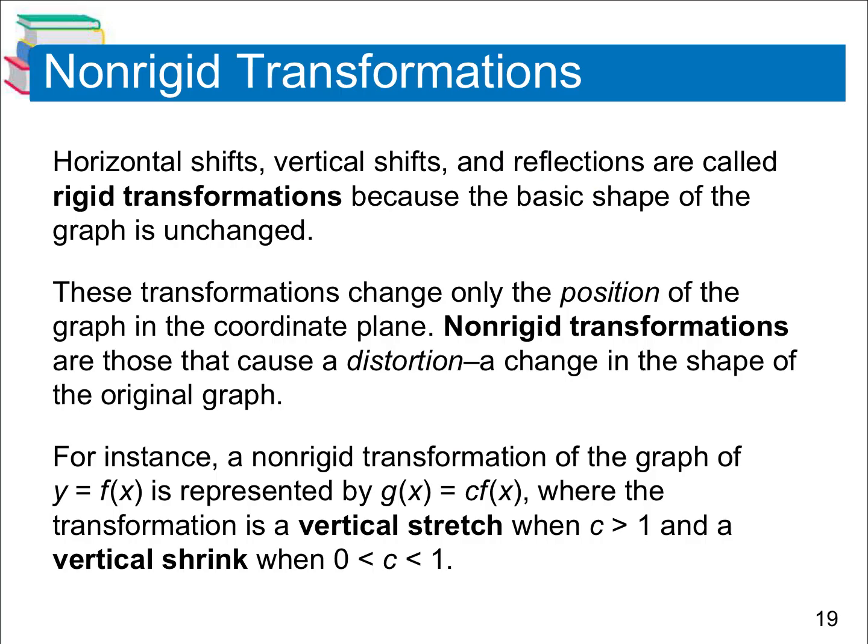If we continue with these notes, the next type of transformation that we're going to work with is your vertical stretch and your vertical shrink. Your vertical stretch and your vertical shrink actually has to do with the way that the line is drawn. So for example, if you were working with a function that looks like a V, just like this one up here, if it was stretching vertically, it would stretch vertically this way.